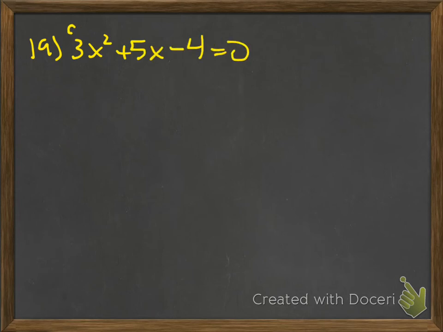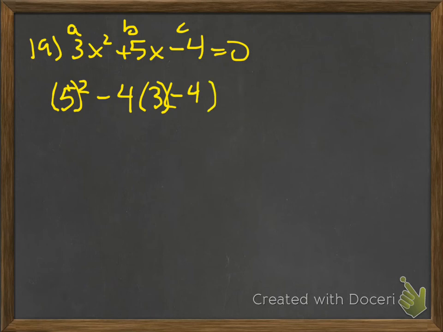Number 19, we have 3x squared plus 5x minus 4 is equal to 0. So if I do this a, b, c, I've got b squared is 5 squared minus 4 times 3 times -4.